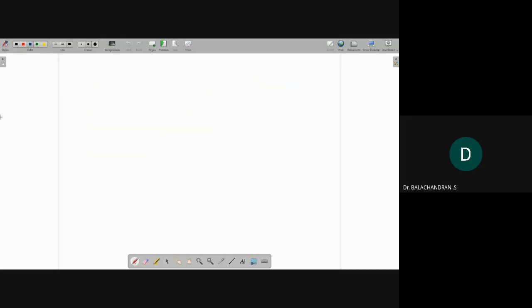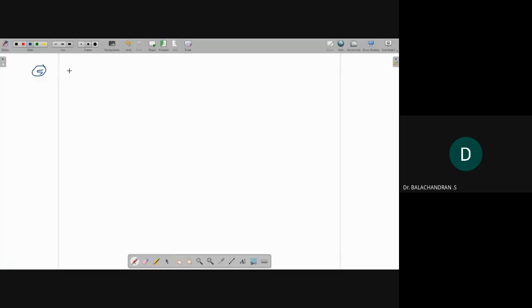Problem number 5 is summation alpha square beta gamma. So summation alpha square beta gamma means totally how many terms? First you should fix alpha square, beta gamma.